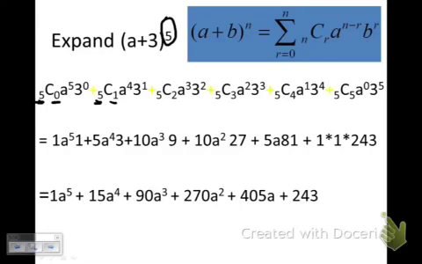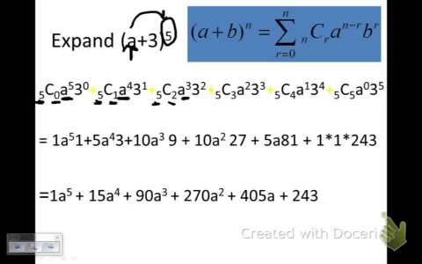Then I go 5 choose 1, 5 choose 2, 5 choose 3, all the way to 5 choose 5. Whatever that exponent is, that's what you start with in your combination. Those are your coefficients down here. Then you start with your first term and raise it to that exponent. So I go a to the 5th. And then I start going down one in each term: a to the 4th, a to the 3rd, all the way down to a to the 0.